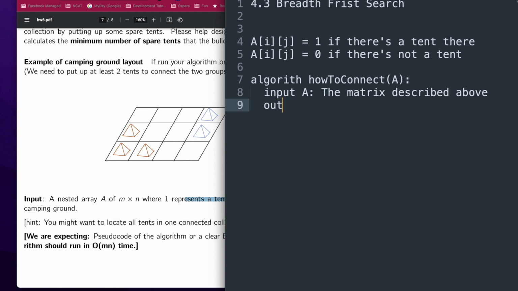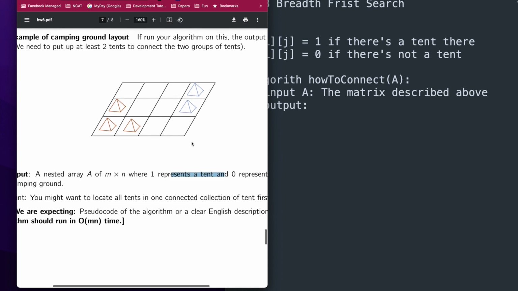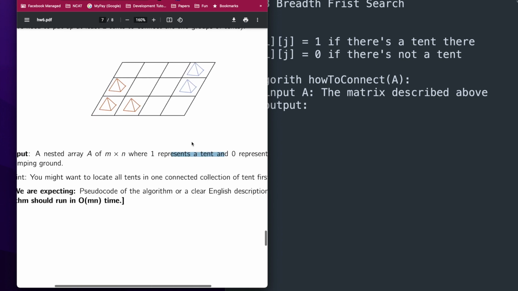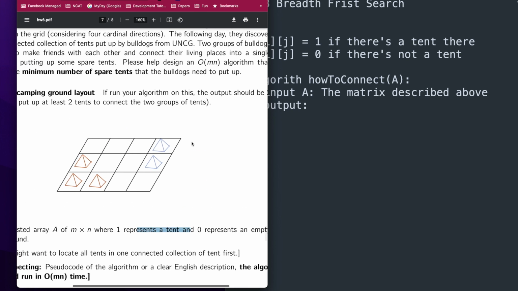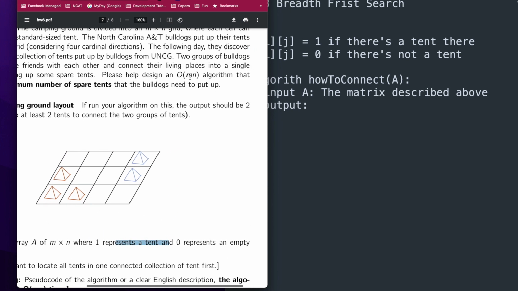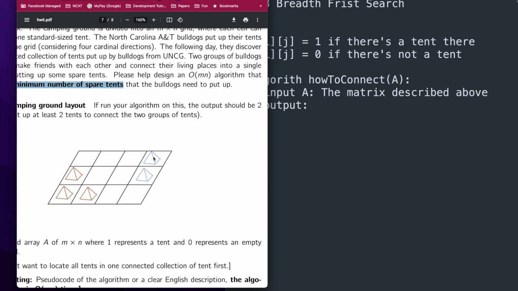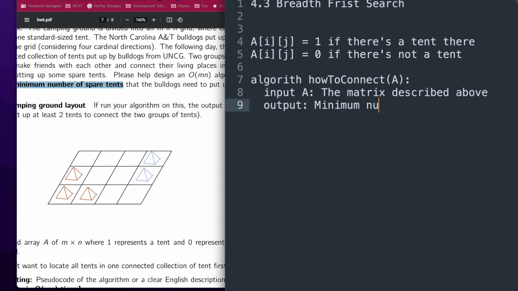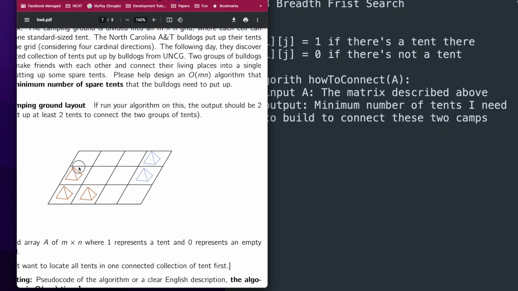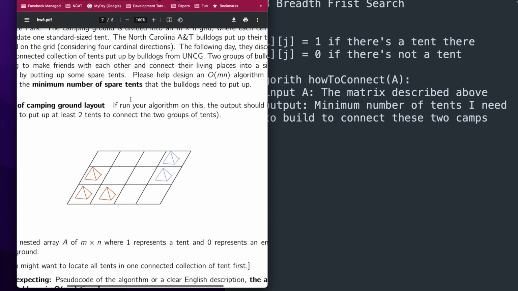And the output should be the minimum number of spare tents that you need to build in order to connect these 2 camps. So we have 1 camp here, another camp here, and you're looking for the minimum number of tents that you need to build.